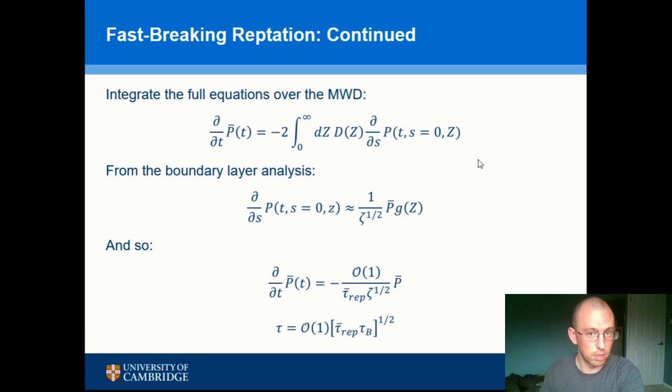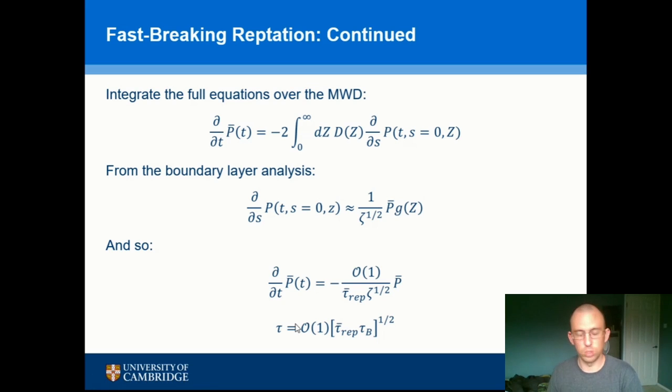And the remaining term, you can go in with the results from the boundary layer analysis and show just from that the tube survival probability, the average tube survival probability, decays as a single exponential with a relaxation time that is the geometric mean of the typical reptation time and the typical breaking time. So it recovers the results from the Cates model without any need for intuition.